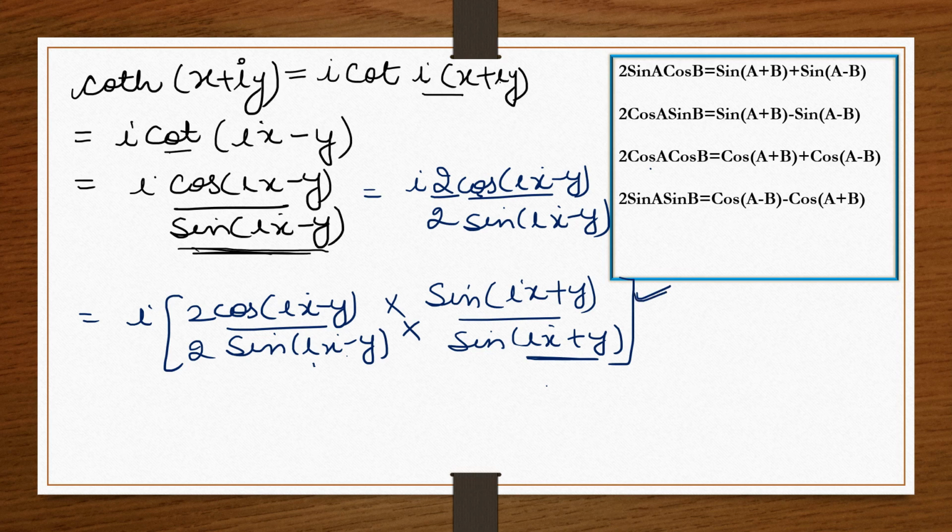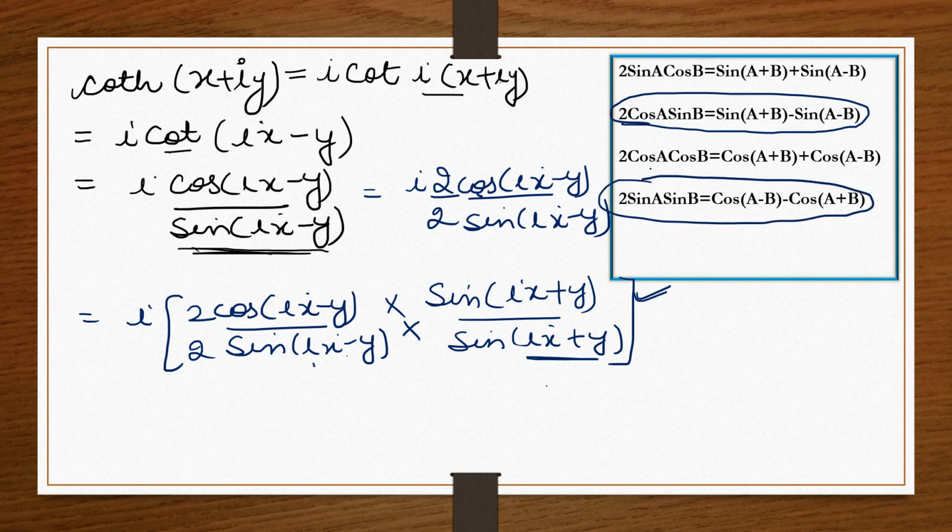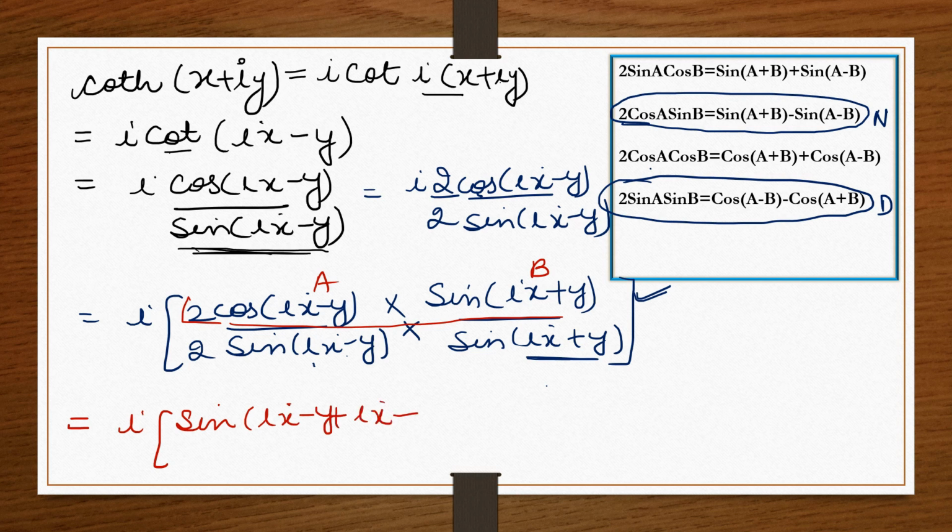Now apply. See, in the numerator what are we having? We are having this formula, 2 cos a sin b, right? In the denominator we are having this formula. So apply this in the numerator and this in the denominator. What will you get? This will be equal to ι as such. This is a, this is b. Just apply this, so this will be sin(a + b) minus sin(a − b).